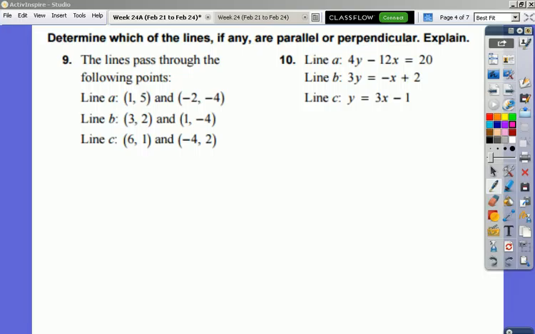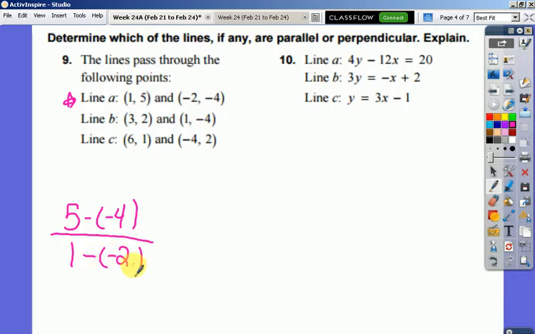Okay, find the slope. So for A, I'm going to color code this. 5 minus -4 over 1 minus -2. That's 9 over 3, which is 3. I'm just going to write that there. And then I'm going to find the next one.